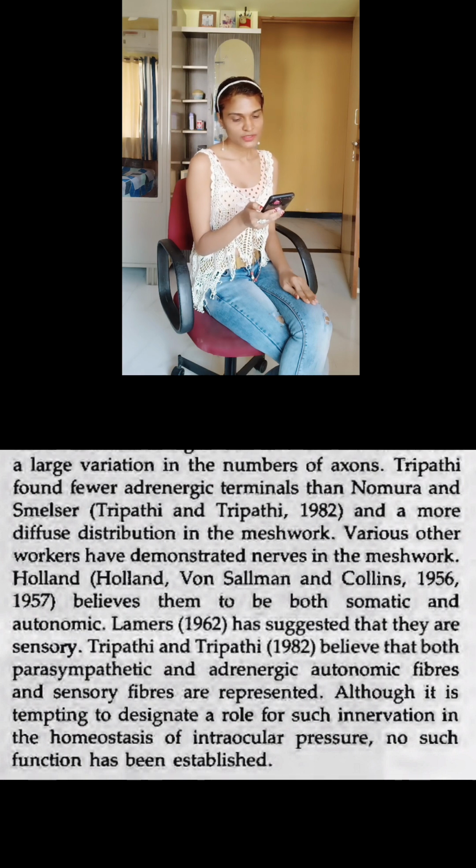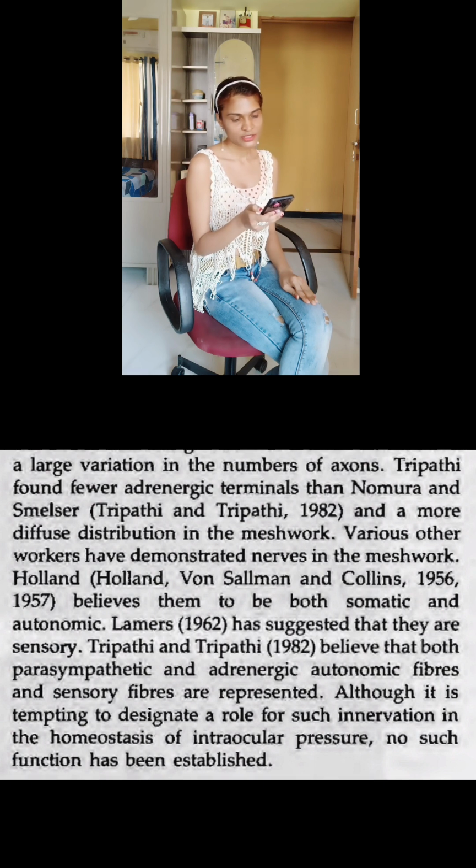Various other workers have demonstrated nerves in the meshwork. Holland and colleagues in 1956 and 1957 believe them to be both somatic and autonomic. Lemos in 1962 has suggested that they were sensory.